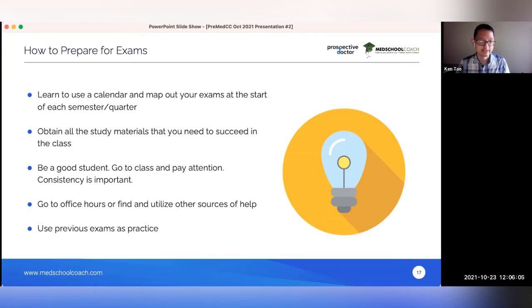So if you can get some previous practice exams, and these days a lot of college professors will actually post previous exams on their online course websites for you to practice, absolutely use those, because they'll help you a ton with exams you're going to take from that professor.